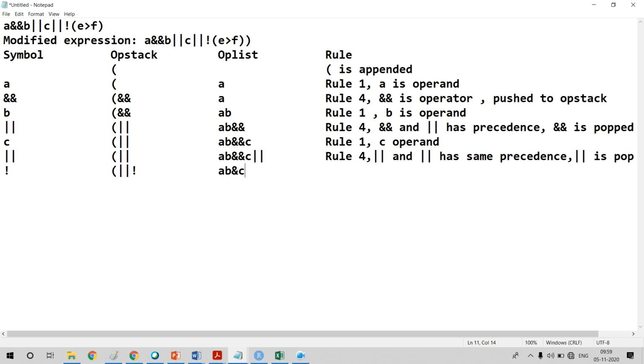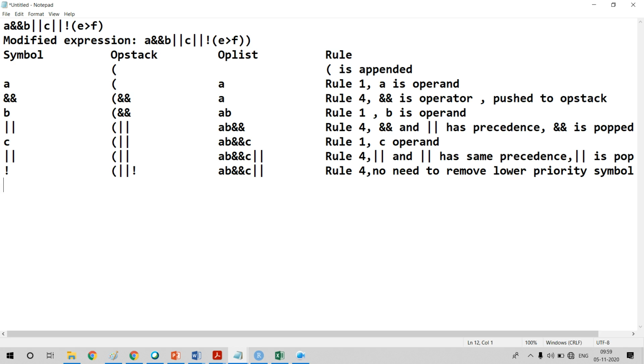The existing symbols in OP list are the same. This is as per rule number 4. No need to remove lower priority symbol.